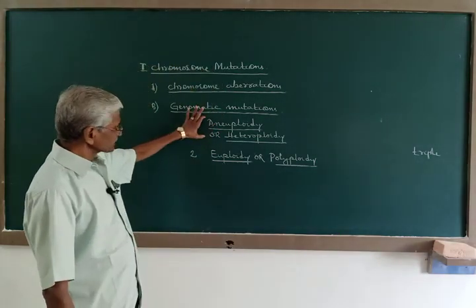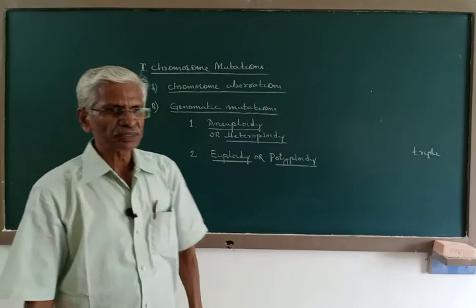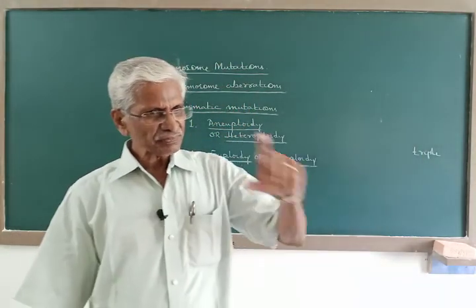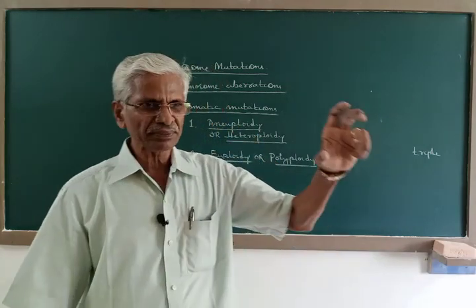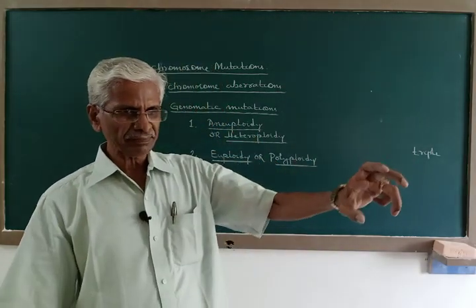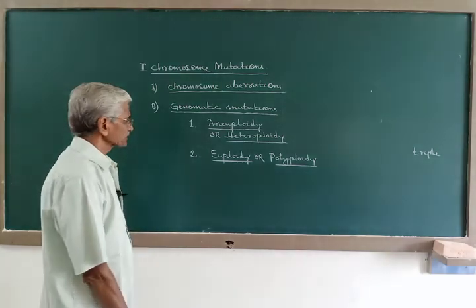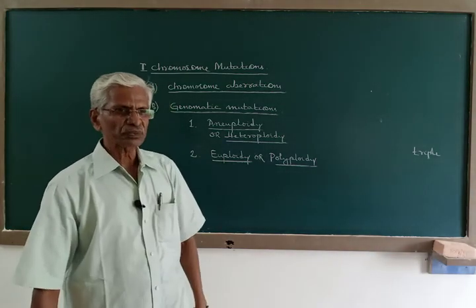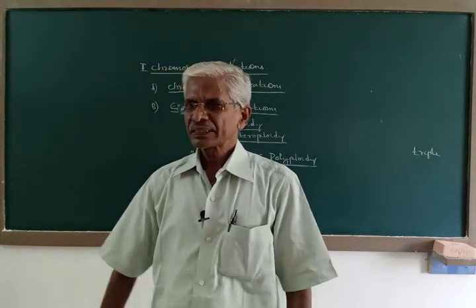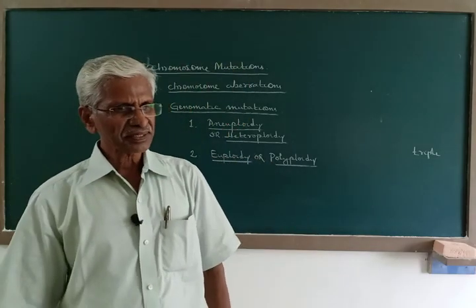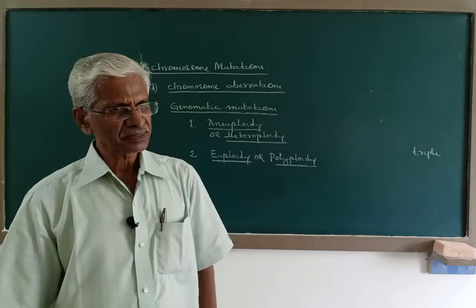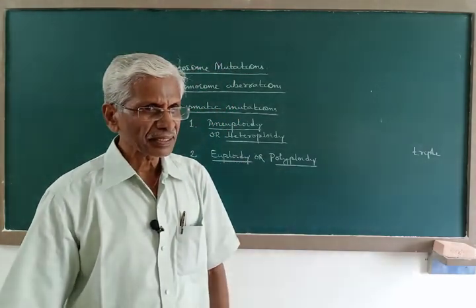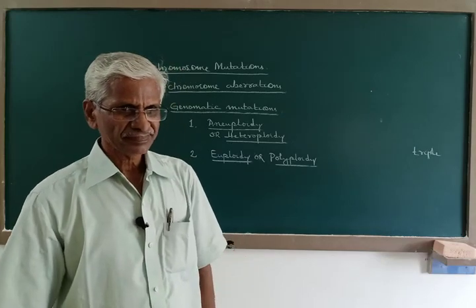But in aneuploidy, the alteration is with regard to individual chromosomes, so a particular chromosome may be either added or deleted. But in euploidy, the change in the chromosome number is not due to alteration in an individual chromosome, but due to alteration in the number of sets of chromosomes.